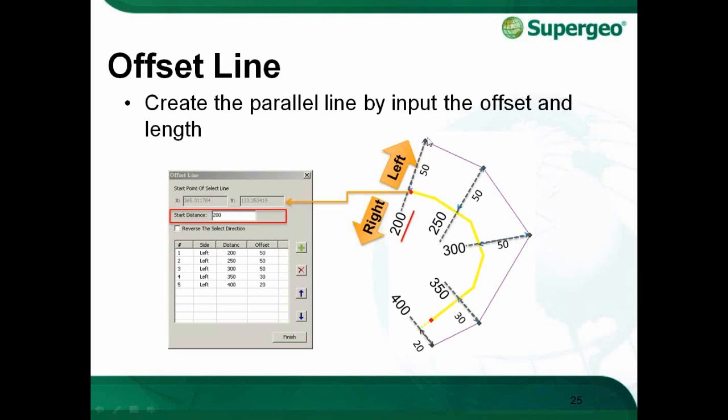We can even choose the side. Maybe we are going to add the parallel line on the left hand side or the right hand side. So it helps users to create a parallel line more easily.